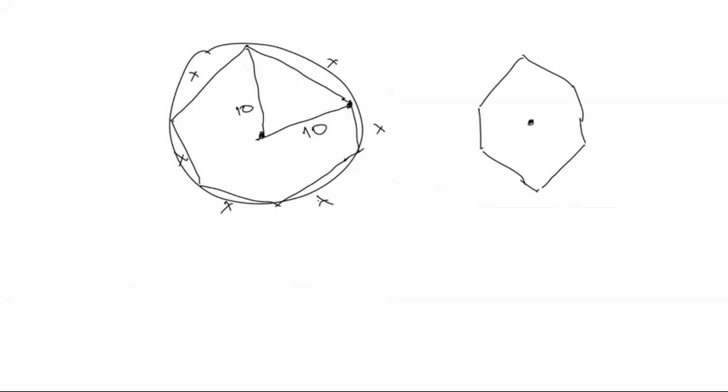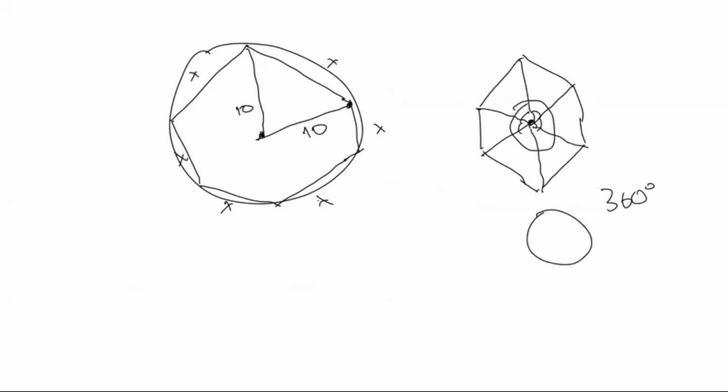So let's say this is the center of the hexagon. We know that a full circle has 360 degrees in total. If we split it up into six equal sections, because a hexagon has six equal sides, each of these would be 60 degrees, right?